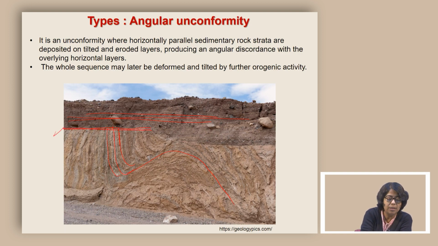So, this is clearly an unconformity, and this particular type of unconformity is called an angular unconformity, and it can extend spatially for a very large area where you can see this pattern. Now, if you recall the Seeker point was also an example of an angular unconformity.